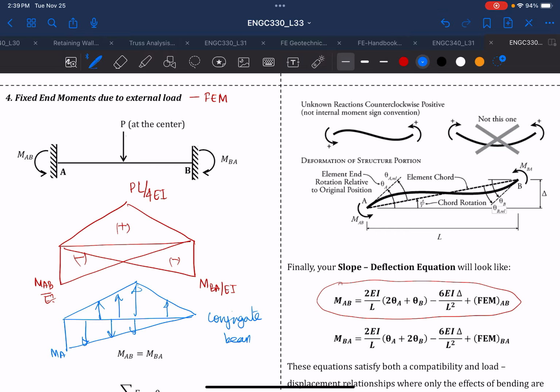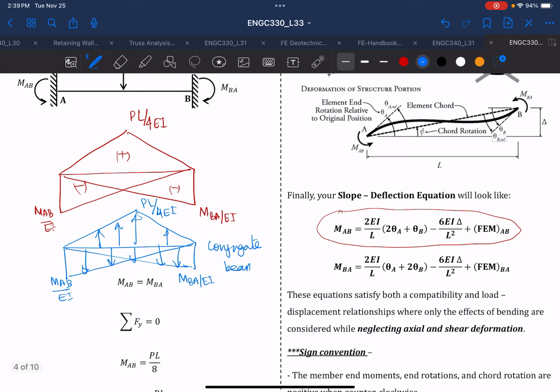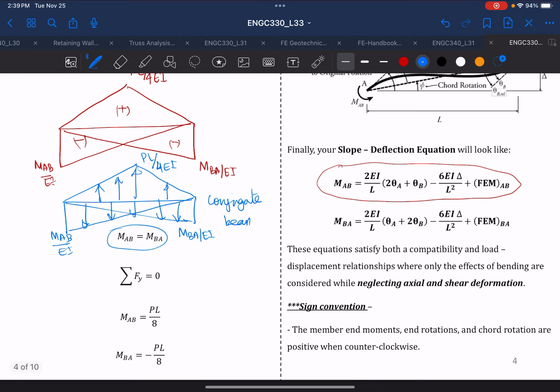This will be MAB over EI, this will be PL over 4EI, and this will be MBA over EI. And we know that the moment will create the same moment, so we take the summation of all the forces equal to 0.